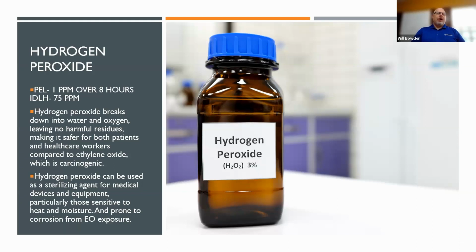Hydrogen peroxide breaks down into water and oxygen, leaving no harmful residues, making it safer for both patients and healthcare workers compared to ethylene oxide, which has been found to be carcinogenic over a long-term exposure period. Hydrogen peroxide can be used as a sterilizing agent for medical devices and equipment, particularly those sensitive to heat and moisture, and materials that are also prone to corrosion from ethylene oxide exposure.